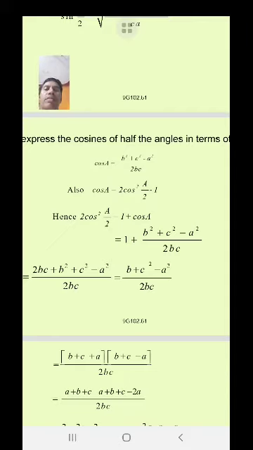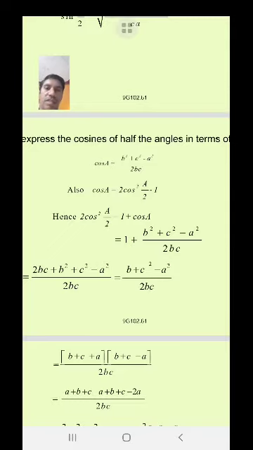And also cos A we can write as 2 cos square A by 2 minus 1. We already know this formula; we learned the cos 2A formula, 2 cos square A minus 1.